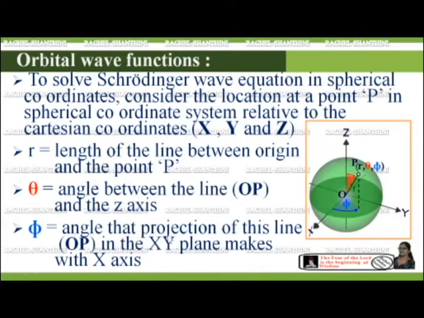And the angle that the projection of this line OP in the XY plane, here you could see the dotted lines, right? This is the projection of this line OP in the XY plane, makes with X-axis is phi. So R, theta, and phi are the spherical coordinates at point P.